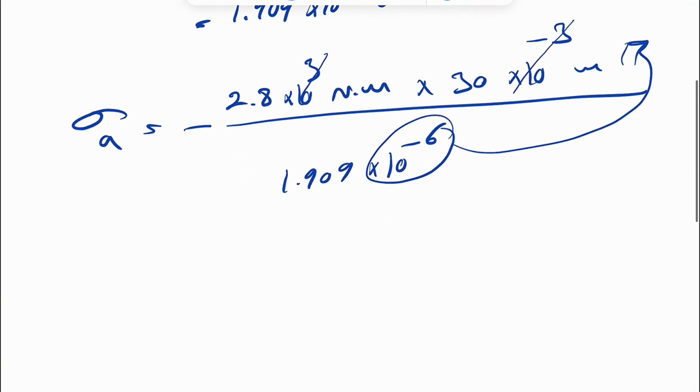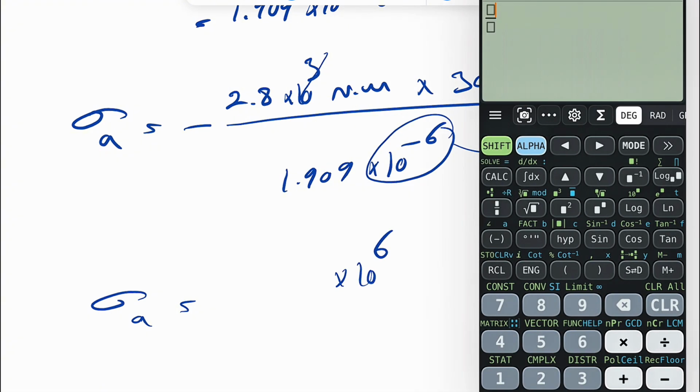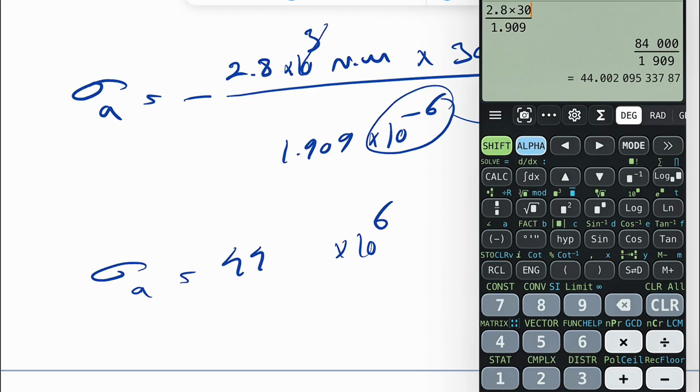It's going to be 10 to the 6, so we can consider that as mega. Our ratio would be 2.8 times 30 over 1.909. So the stress at A will be 44 times 10 to the 6 pascal, actually negative. As expected, it's going to be in compression: 44 megapascal negative.